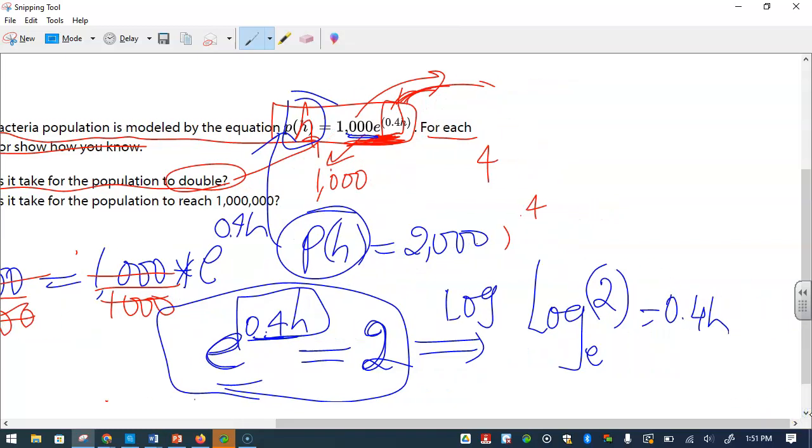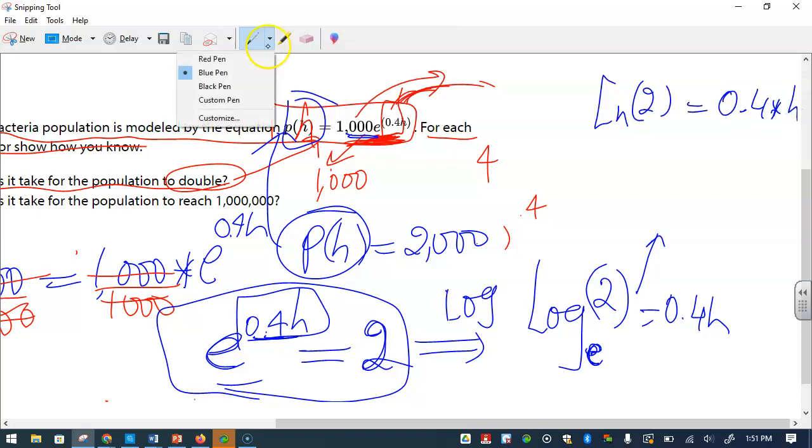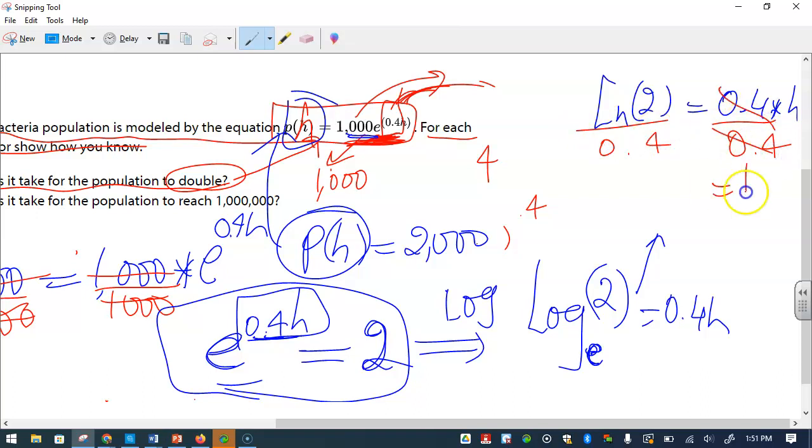Once you get this, instead of log, whenever there is an e, because it's a natural number, we use ln. So ln of 2 equals 0.4 times h, and then divide by 0.4 on both sides, and this 0.4 cancels, and you get the answer.